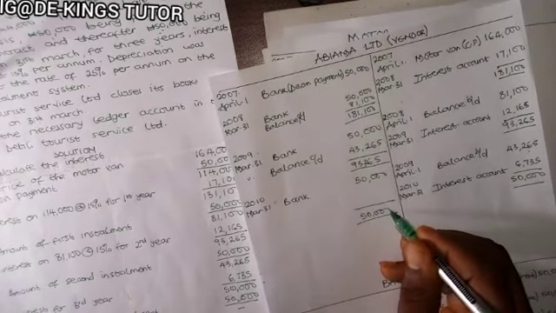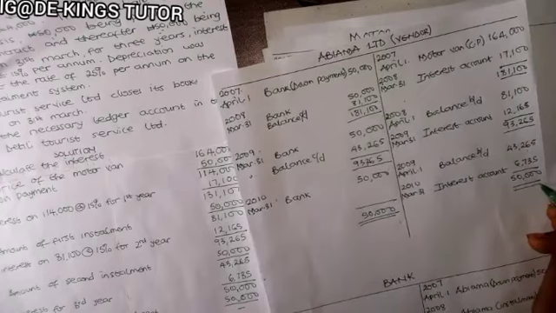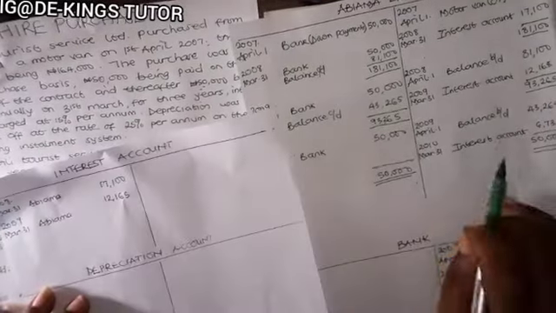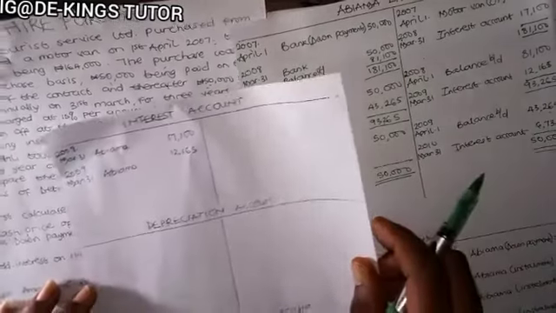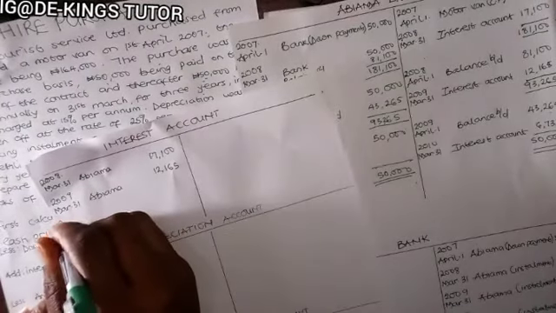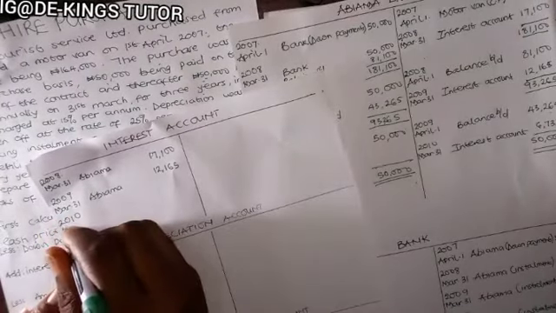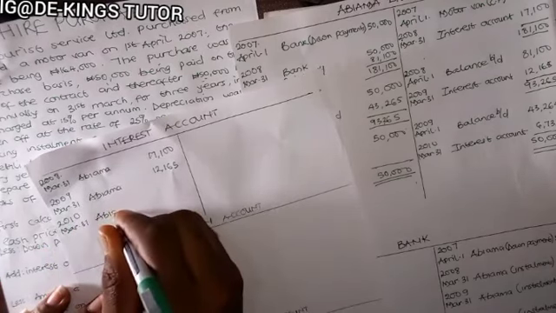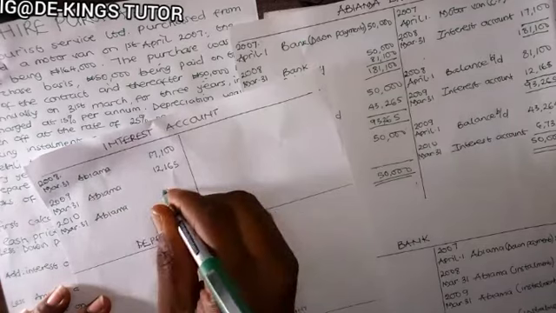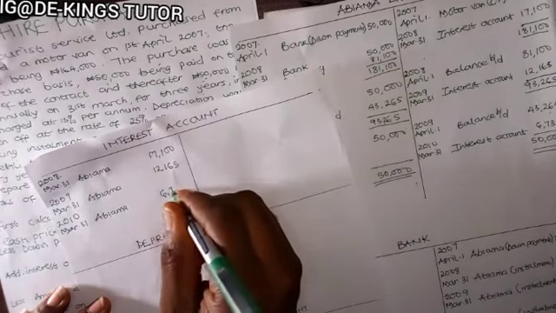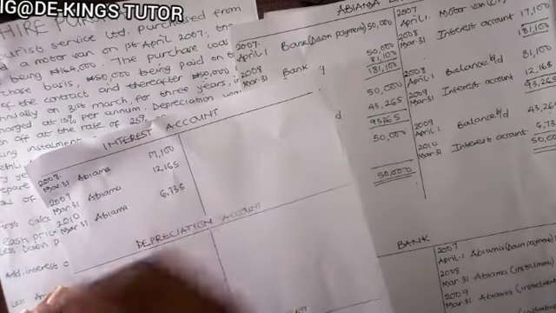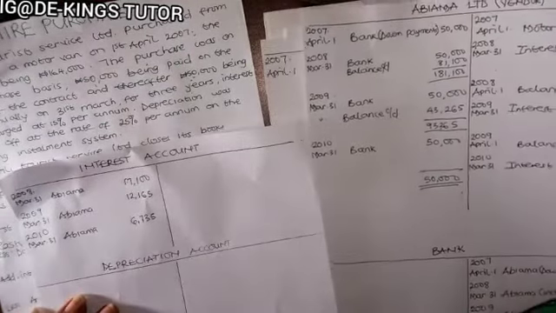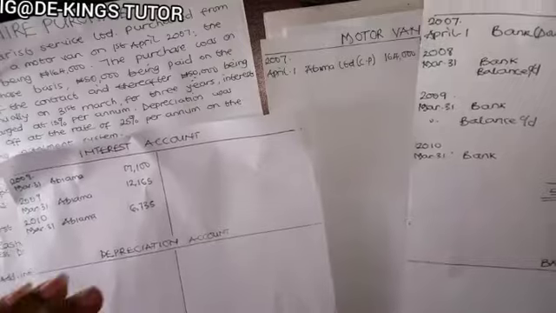There's no balance again. It has balanced itself. Now remember our interest for the third year, so we have to replicate it here also. 2010, March 31st, Abiama as 6,735. Okay, so that is for the Abiama and the bank.